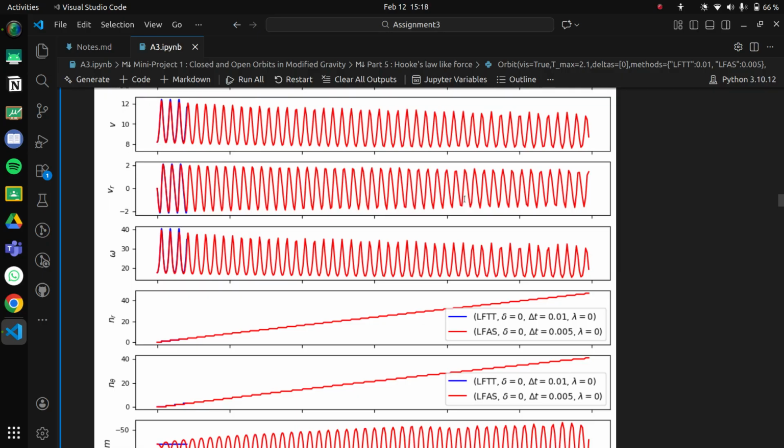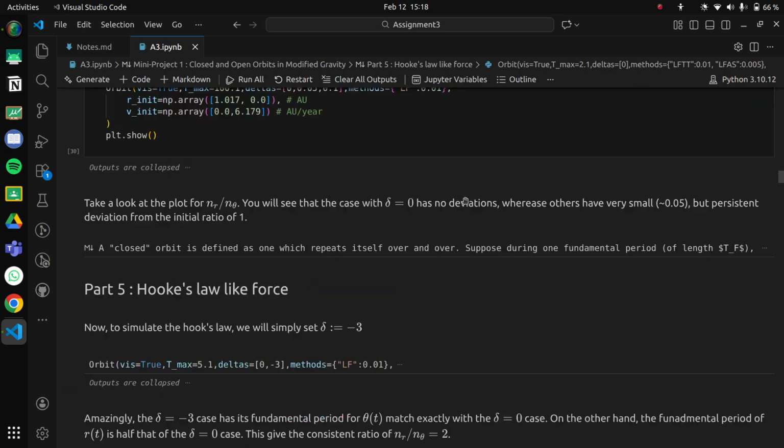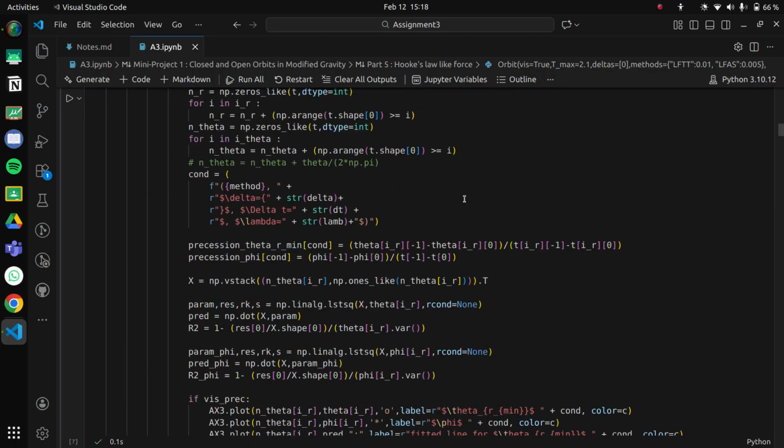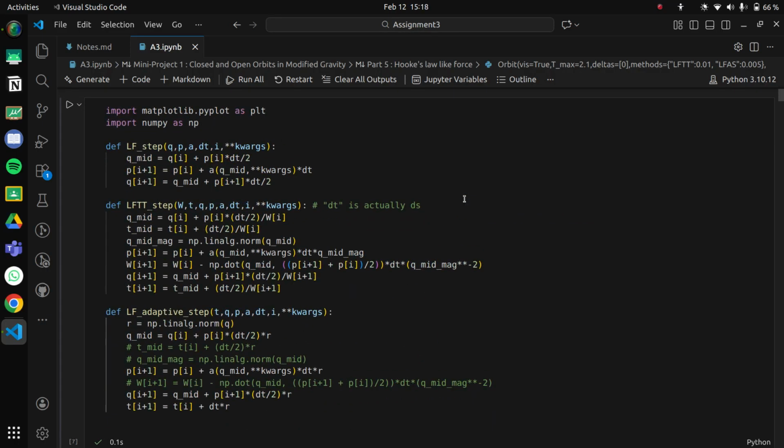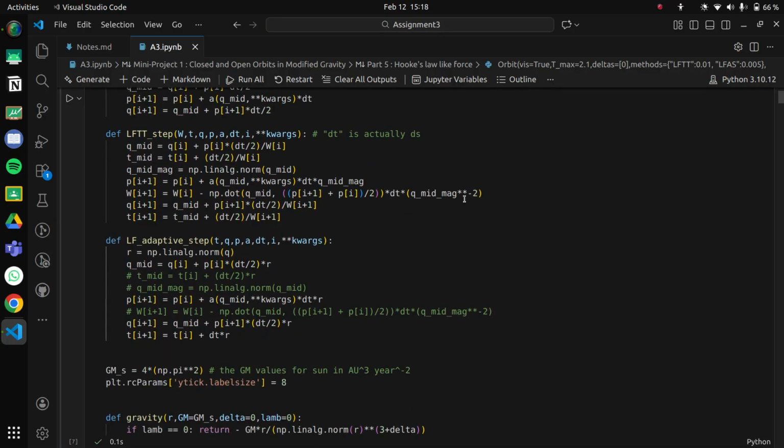Hey, I'm updating DT correctly, right? Let's just see. So everything is multiplied by r, right? Yeah. So you have t i plus 1 equal to t mid plus dt by 2 times 1 by w i plus 1, but then that's just r basically. What could be going wrong?